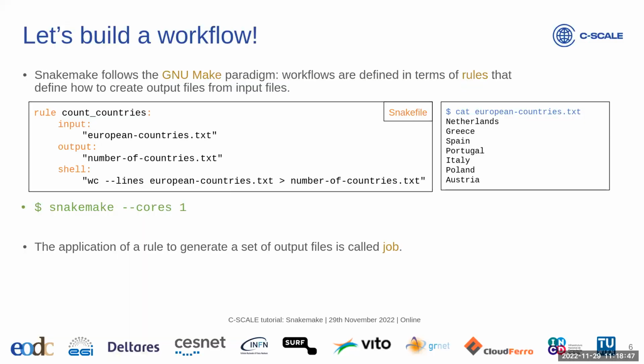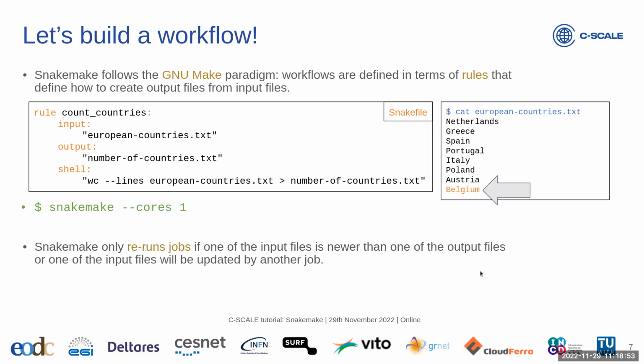Automatic tracking of what's been done, what's left to be done, etc. The goal is that it only reruns jobs when the input files have changed. So that's a very nice addition. You don't have to care about that. So this is where you start to see advantages over your own script where you write everything.